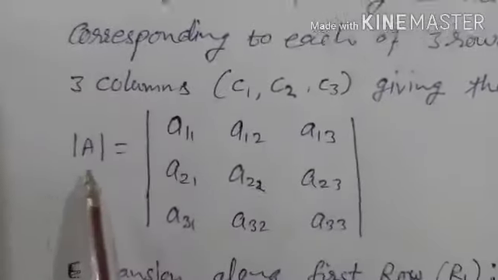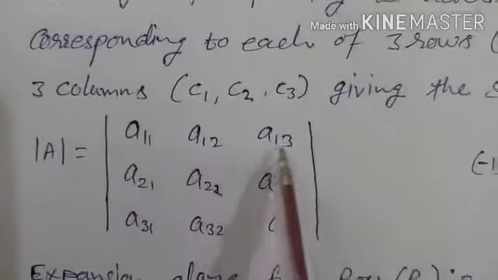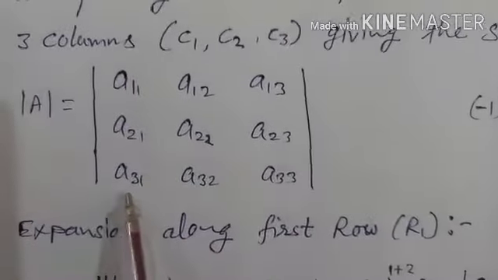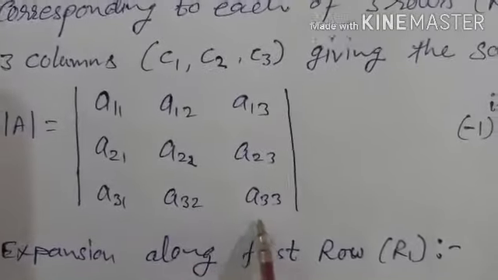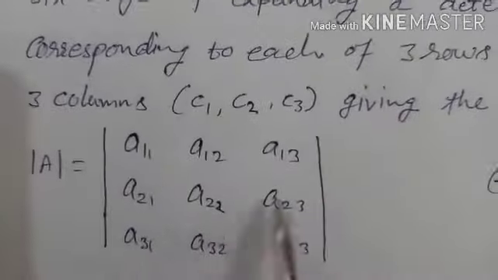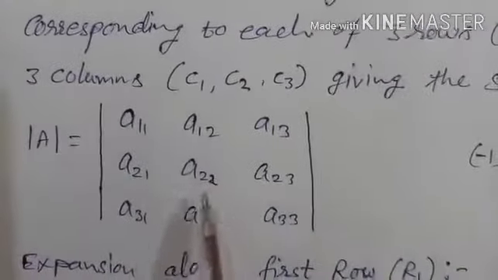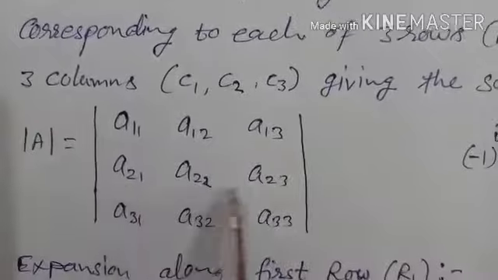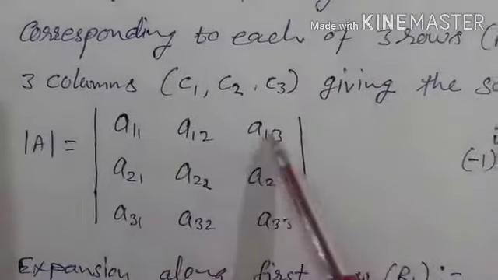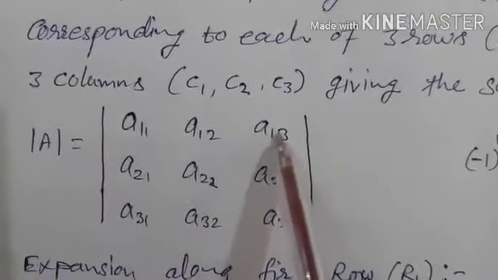So let determinant A be: first row a11, a12, a13, second row a21, a22, a23, third row a31, a32 and a33. Suppose you want to expand this determinant along the first row. We can expand along the first row, second row or third row, and similarly along the first column, second column or third column. But here first we expand along the first row.